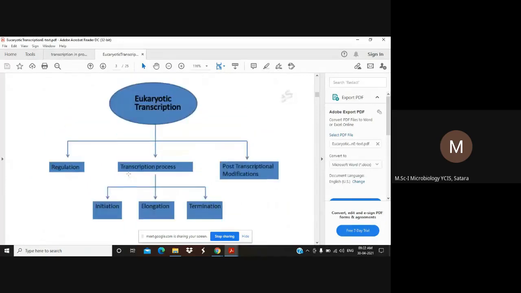So in the eukaryotic transcription process, as the organisms are higher organisms, eukaryotic cell, plant cell, animal cell, human beings, in case of that, the transcription occurs. It is highly regulated, and the post-transcriptional modifications are involved.